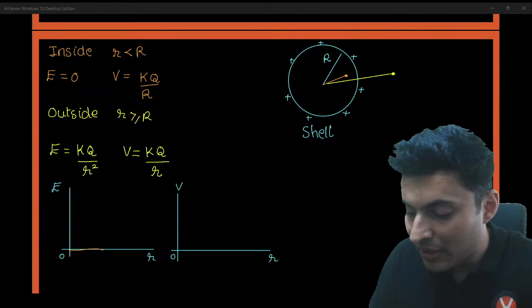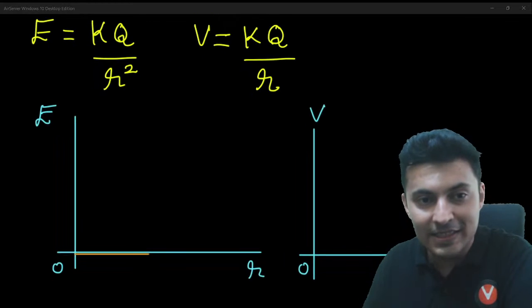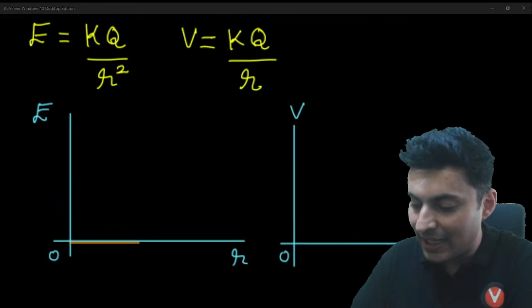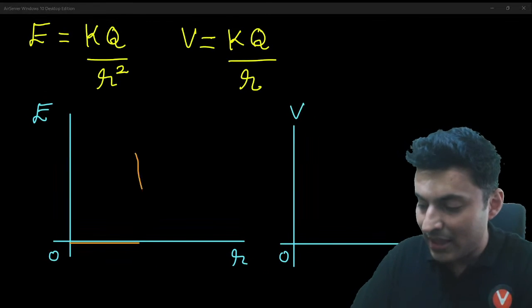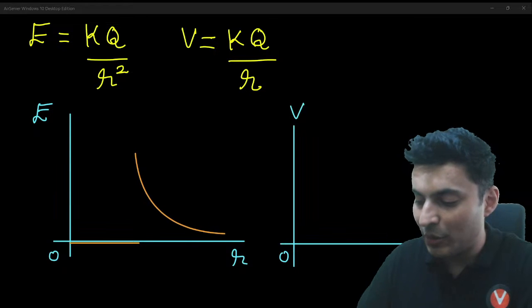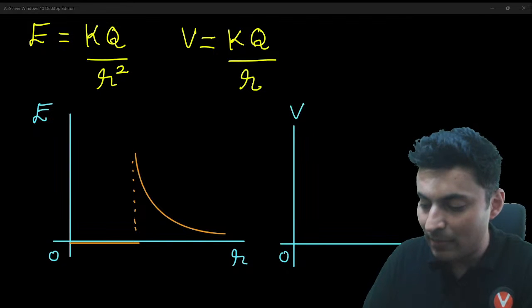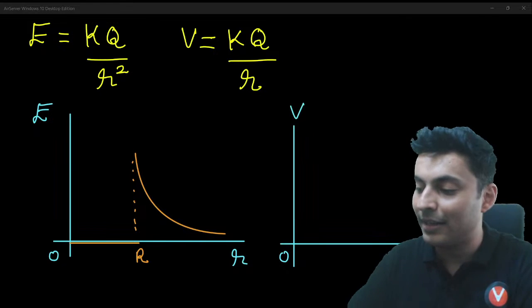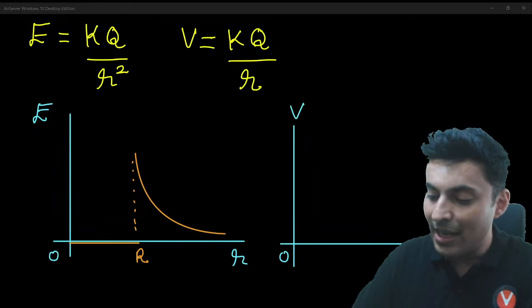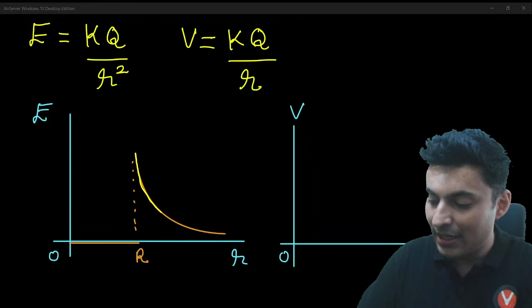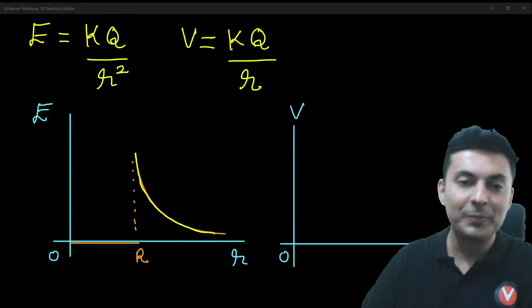So it is flat at 0, and then suddenly it jumps up and then becomes a curved line. That jump happens at R, and after that it is a curved line.